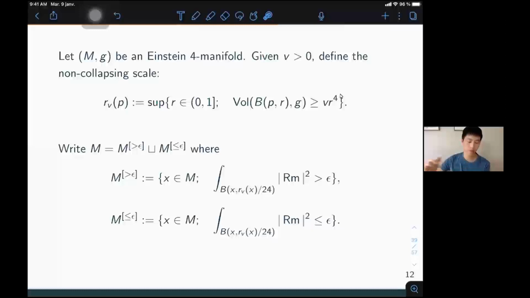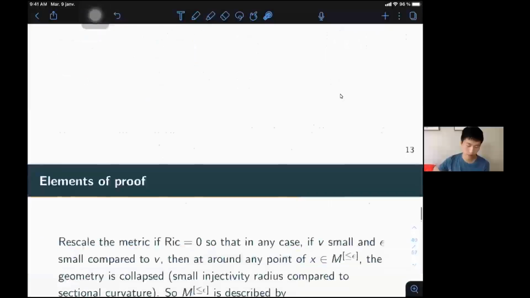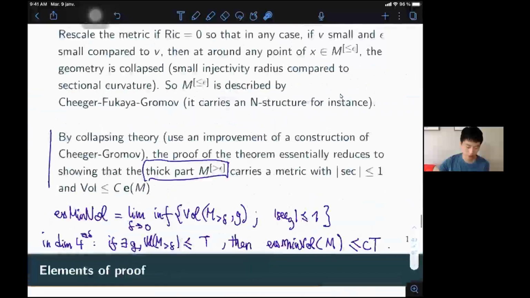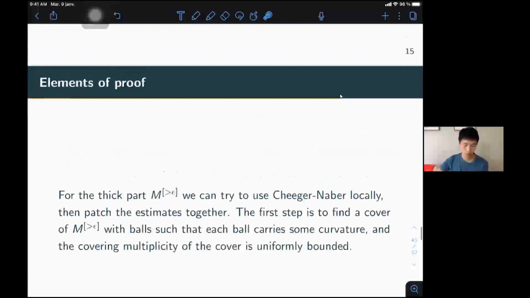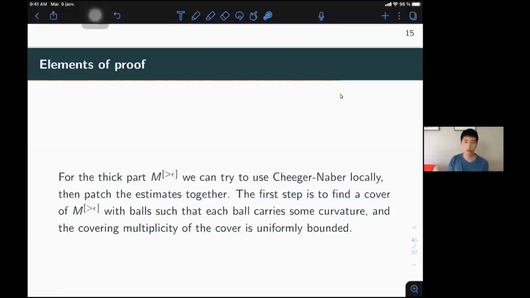So on balls with this radius, what do we get if you apply this finiteness result of Cheeger-Naber? A first step is to find a cover of your thick part with balls such that each ball carries some curvature, and the covering multiplicity of the cover is uniformly bounded.